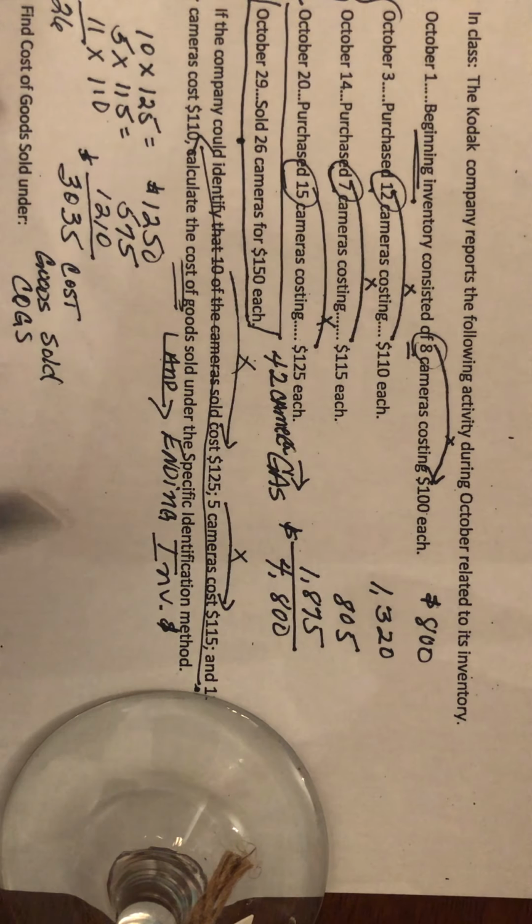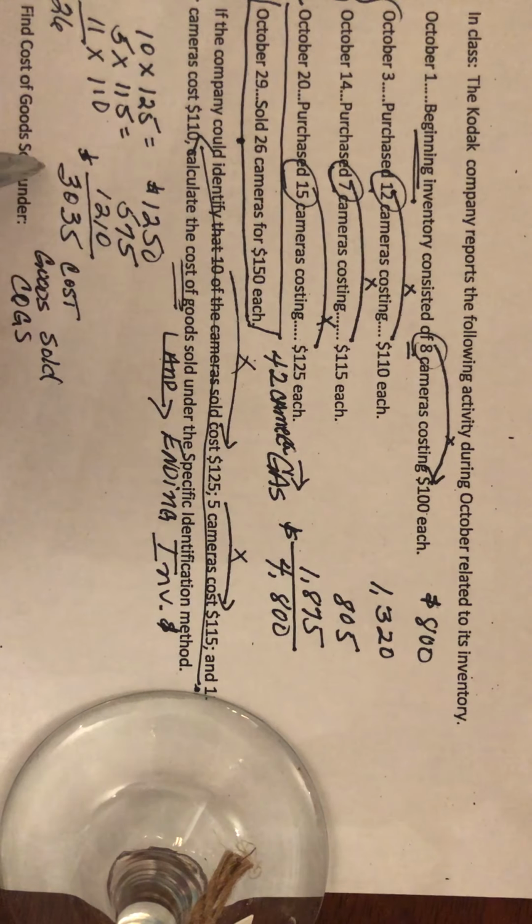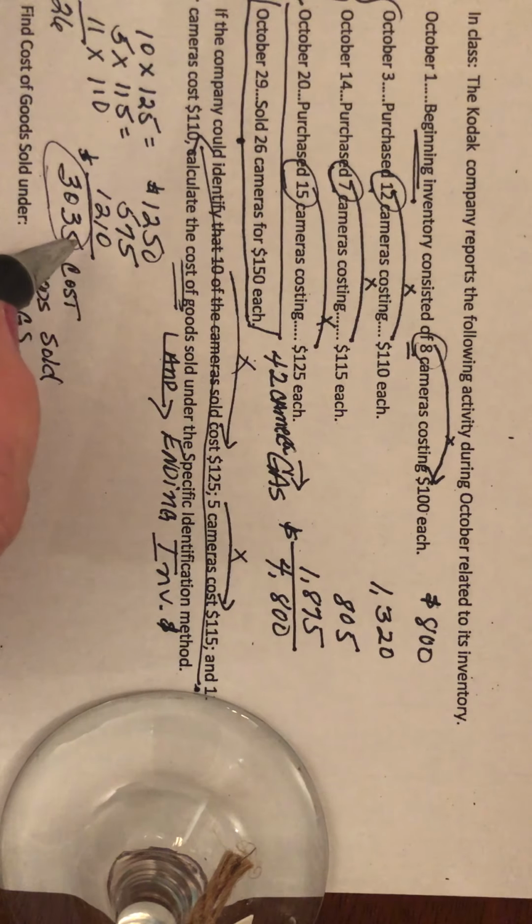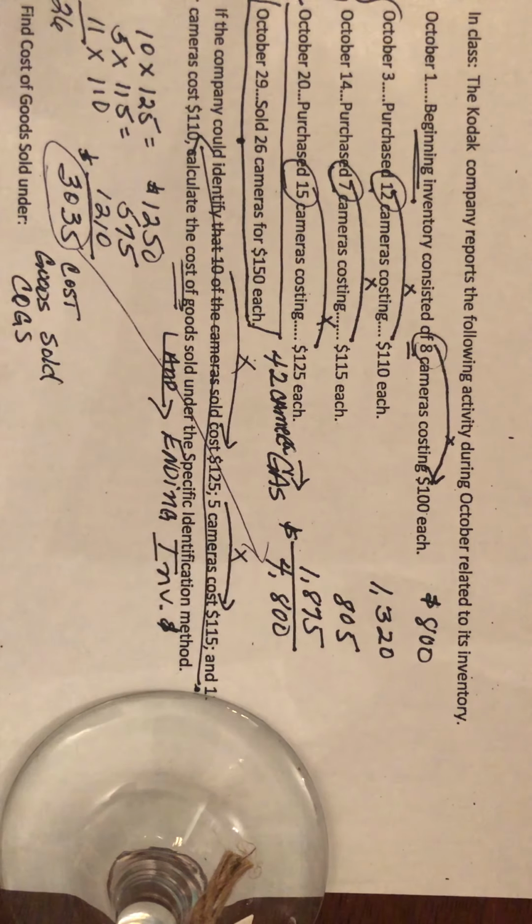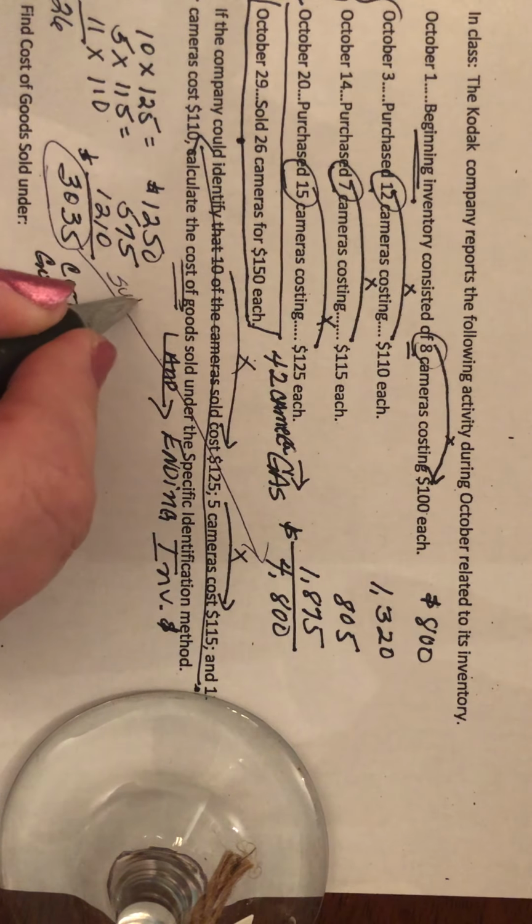Now, if we want to find ending inventory, what we do is we take that cost and we subtract that cost from our goods available for sale.